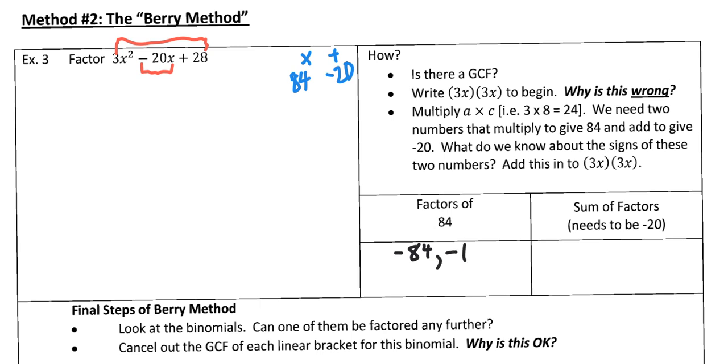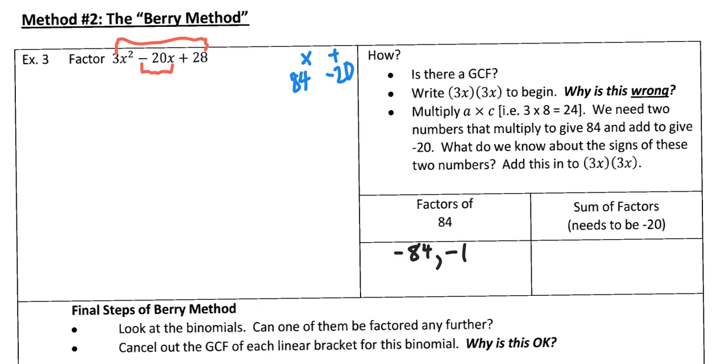And the reason why it's going to be negative is because of the n term here. It needs to add up to a negative number. So both of those numbers must be negative, because when we multiply those numbers, they must total to be a positive number. That's why we have negative 84 and negative 1.